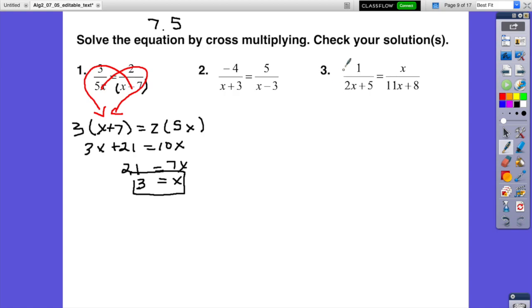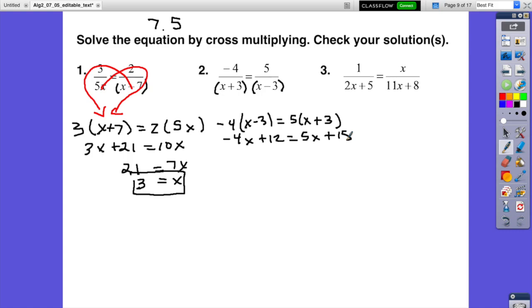All right, next one. Again, for number 2. We're going to trap this binomial in parentheses, and then we're going to cross multiply. So it's negative 4 times x minus 3 is going to equal 5 times x plus 3. We're going to distribute: 5x plus 15.